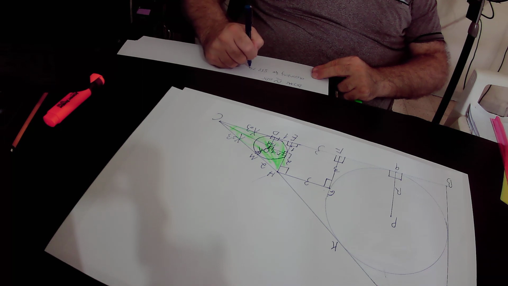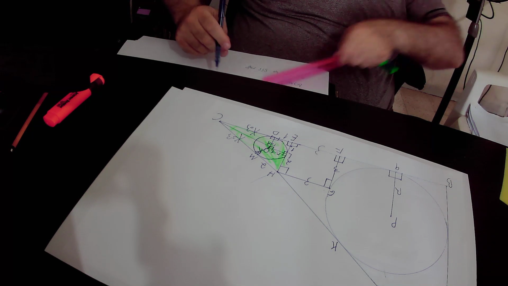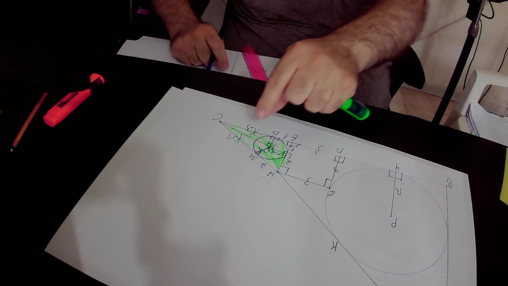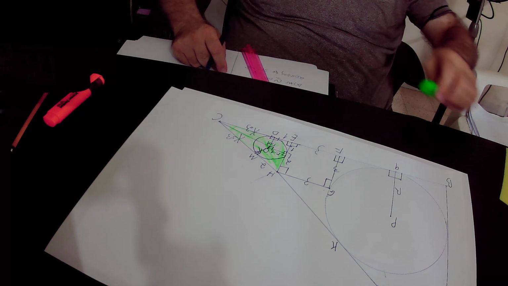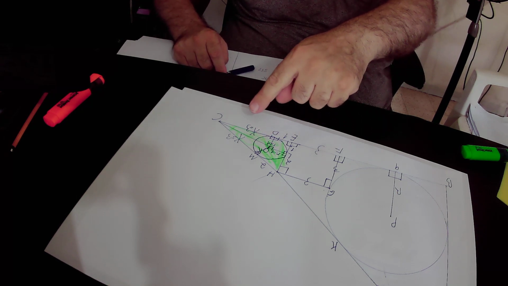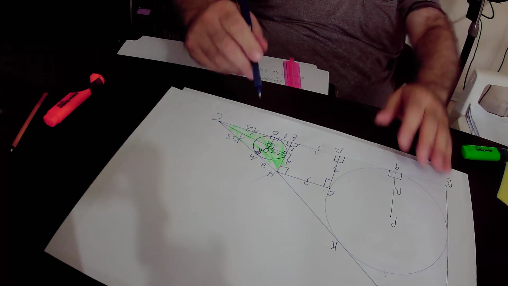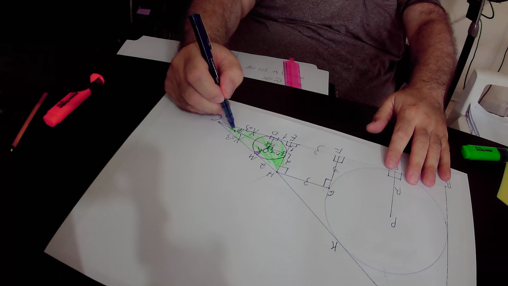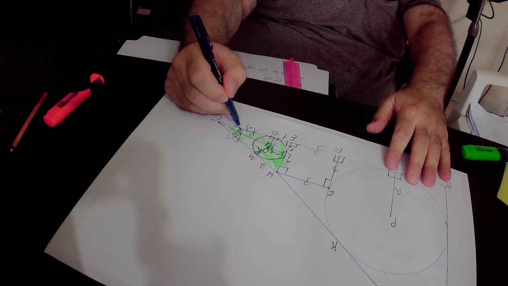And from the fact that those two triangles are congruent, we conclude that those two angles are equal to each other according to the rule that corresponding angles in congruent triangles are equal to each other. So if we define this angle as theta, then this angle must also be equal to theta. Okay?